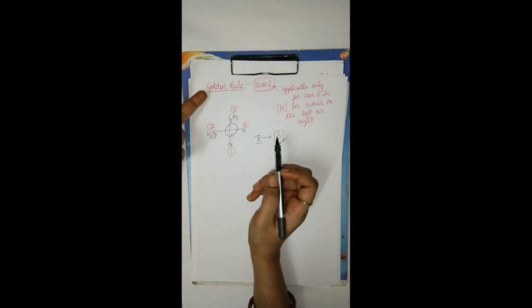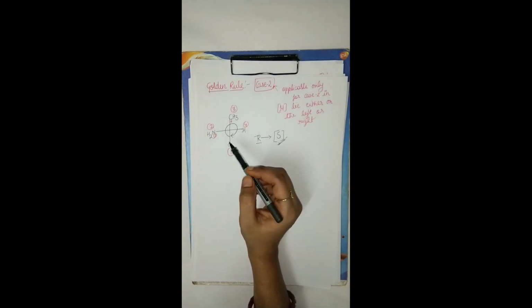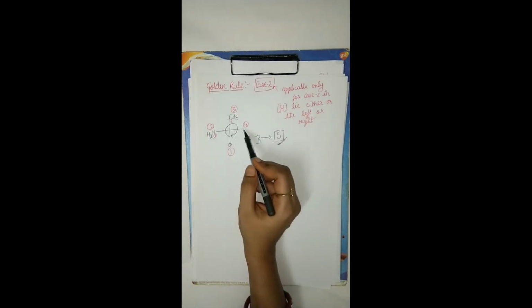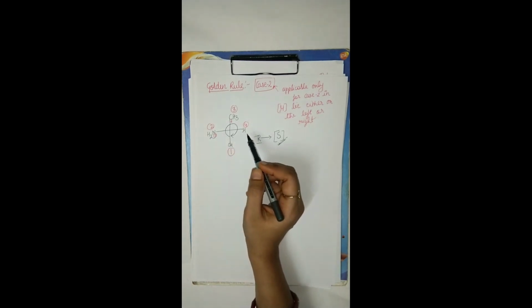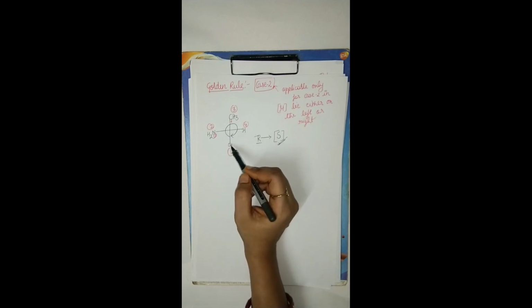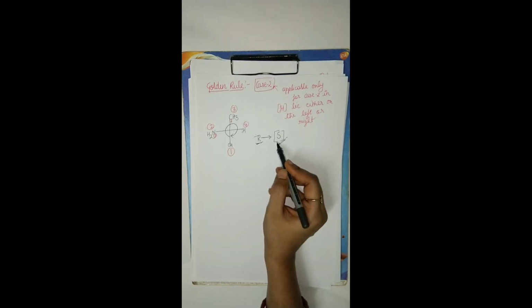Okay, according to the golden rule, don't be confused. You don't need to interchange the groups. Only give the priority, first, second, third, fourth, according to the priority sequence rule, and move your eye either in clockwise or anti-clockwise direction. Whatever configuration is coming, write it down, and it is converted into the other configuration.